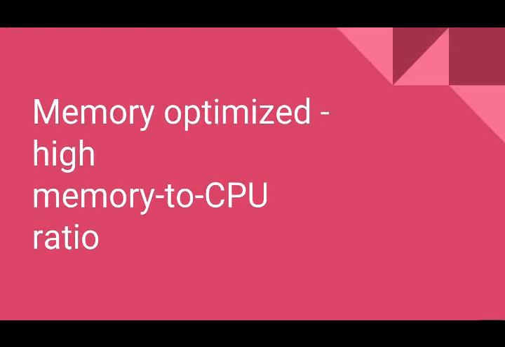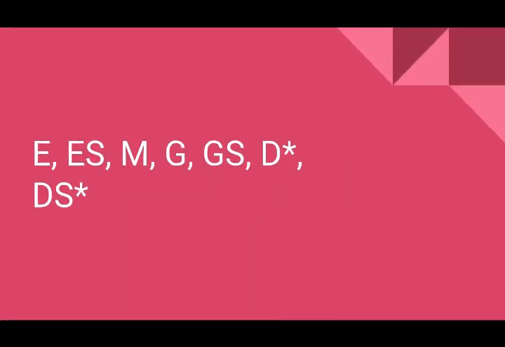That means compute optimized. Now on the other side, you've got the memory optimized. So this is where the memory is high, but the CPU is not necessarily high. Again, there's a lot of letters relating to this: the E series, the M series, the G series. There are some elements of the D series, which we talked about in the general purpose, which is also to be considered as memory optimized.